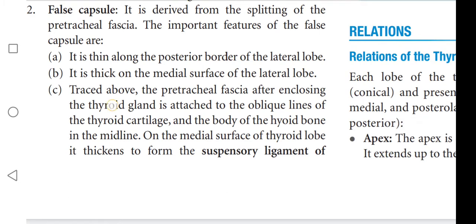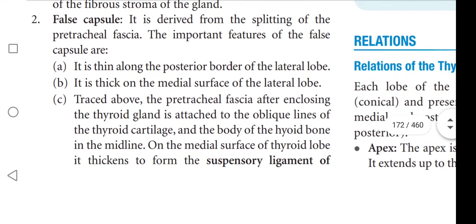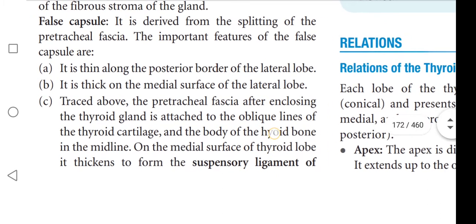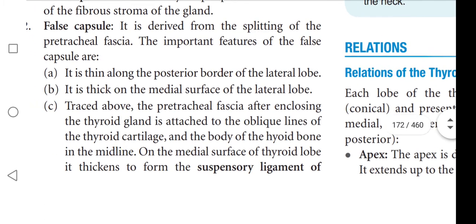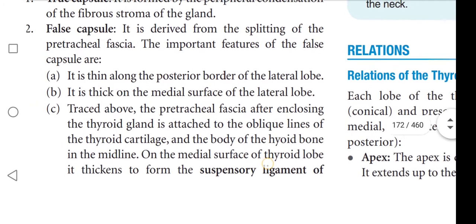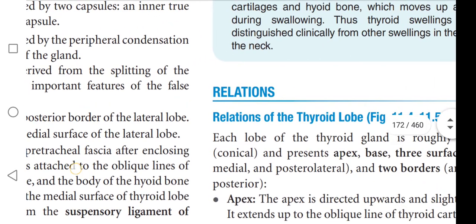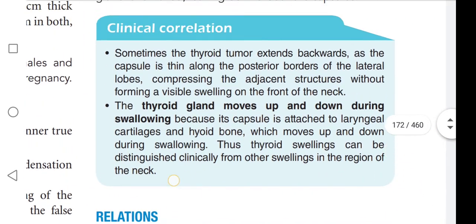See here, it is attached to the oblique lines of the thyroid cartilage and the body of the hyoid bone in the midline. On the medial surface of the thyroid lobe, it thickens to form the suspensory ligament of Berry.